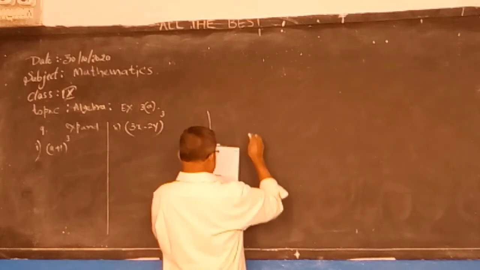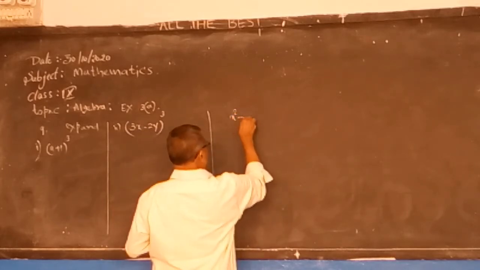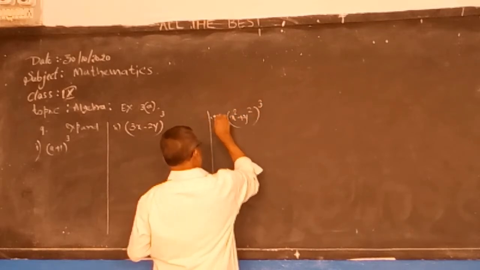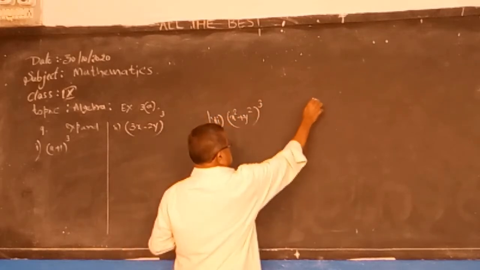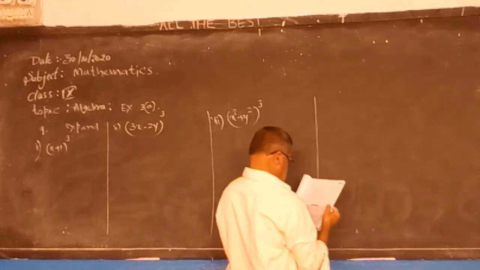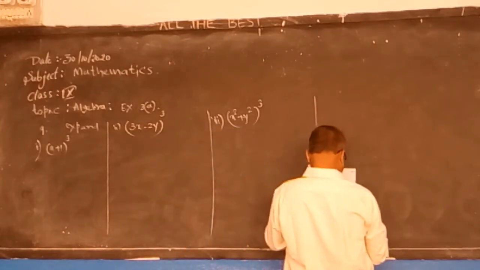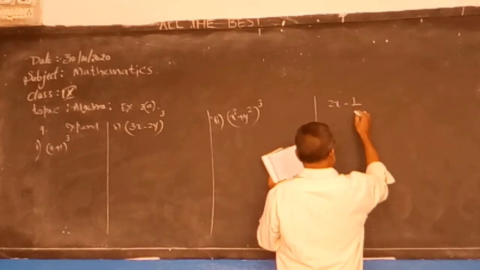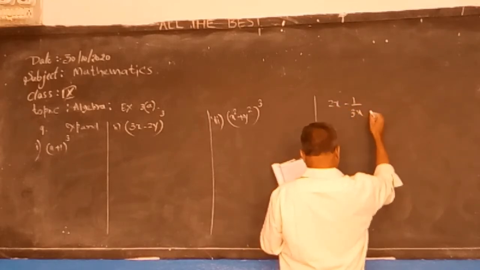Third, x squared plus y squared whole cube. Fourth, 2x minus 1 by 3x whole cube.